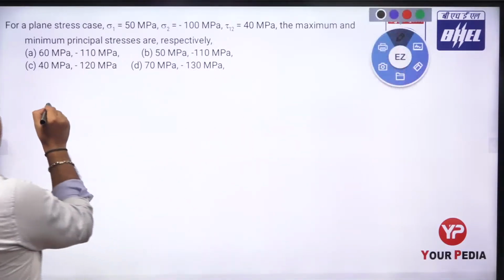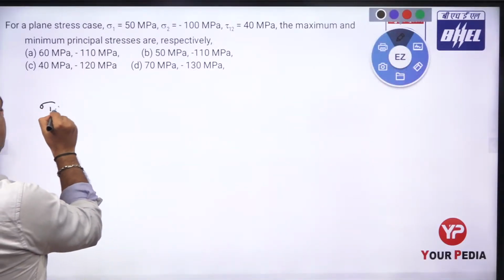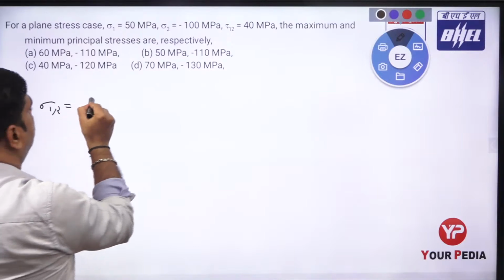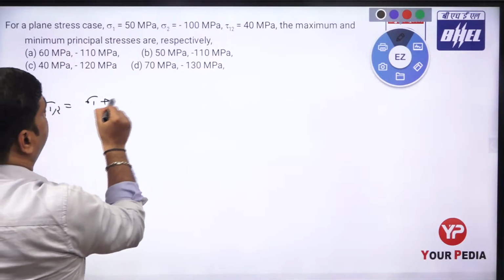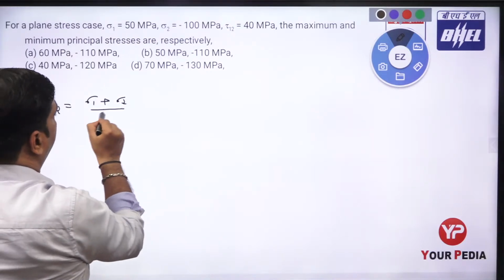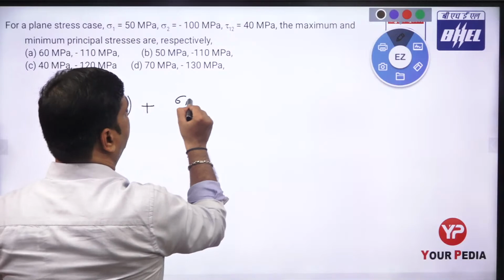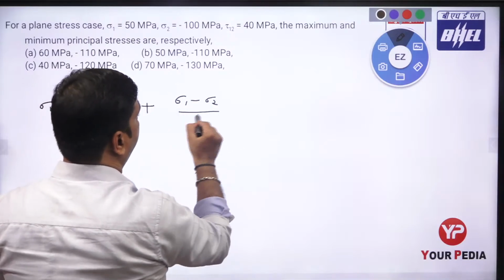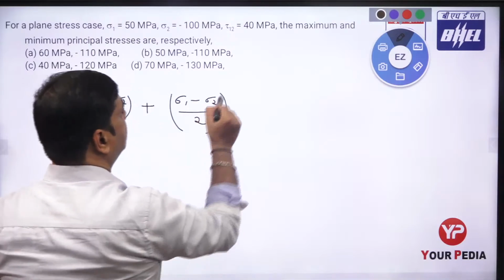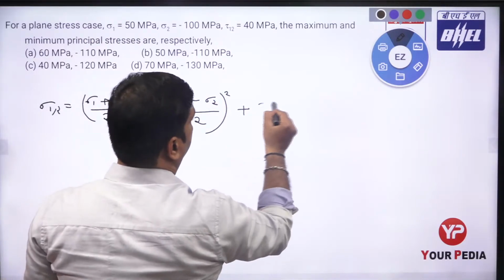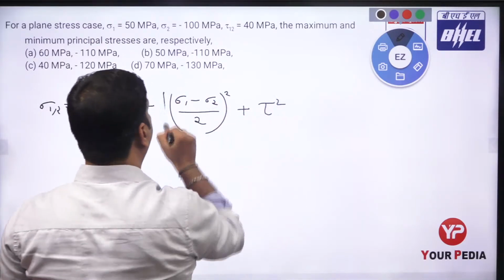So this is the formula for principal stresses.